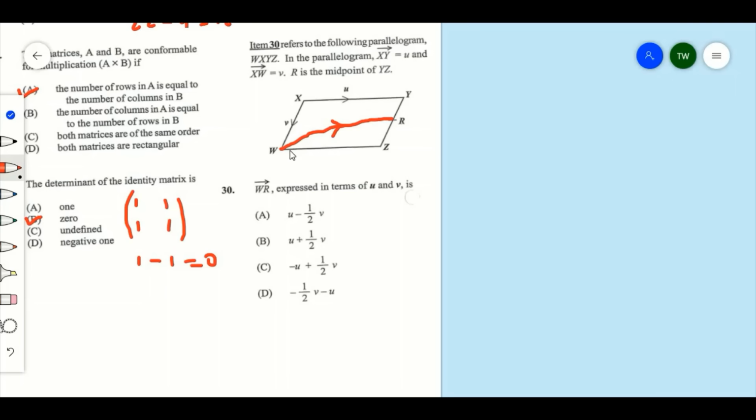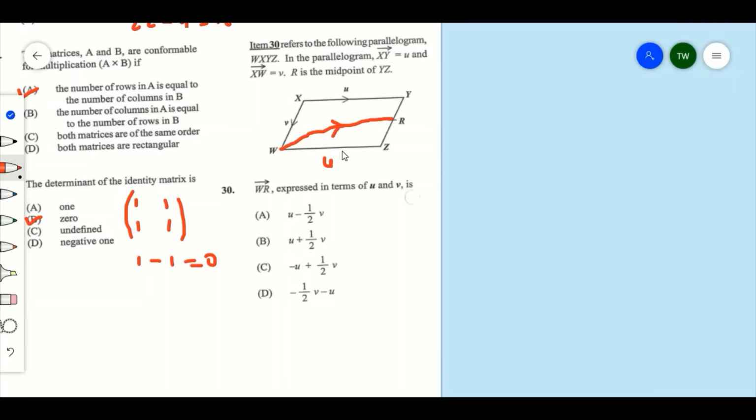Now to get vector WR, we can go from W to Z and then from Z to R. Now note that from W to Z is the same thing as from X to Y, so this is going to be U. Now from Z to R here, note that the arrow is pointing down.